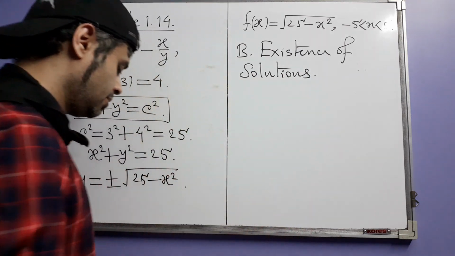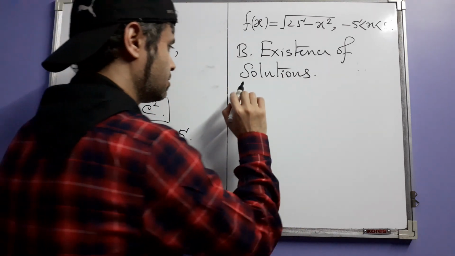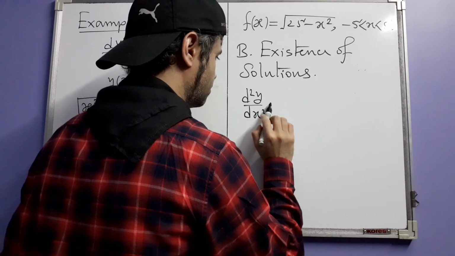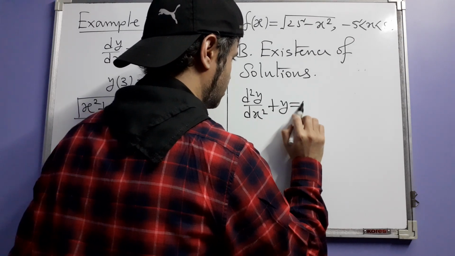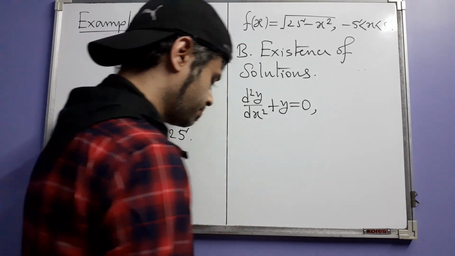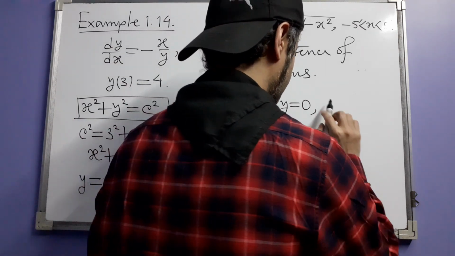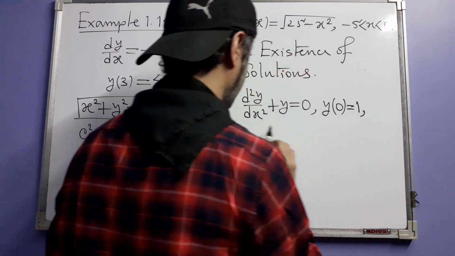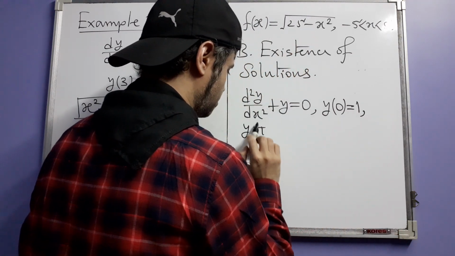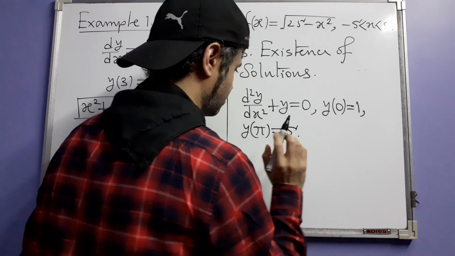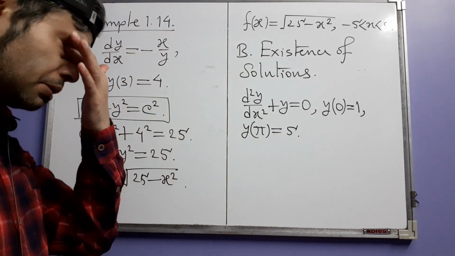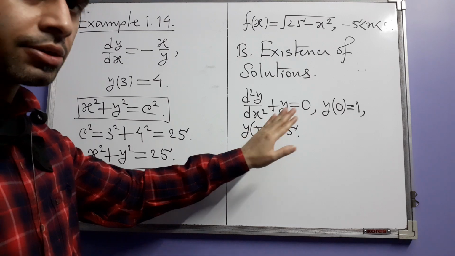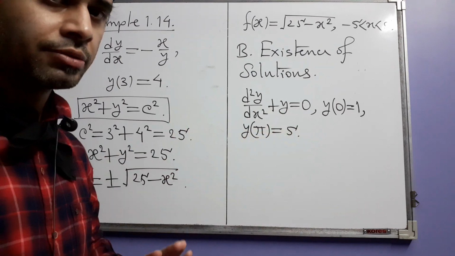So we have already mentioned that this boundary value problem, y of 0 is 1 and y of pi is 5, has no solution. It's a second order equation, two-point boundary value problem.